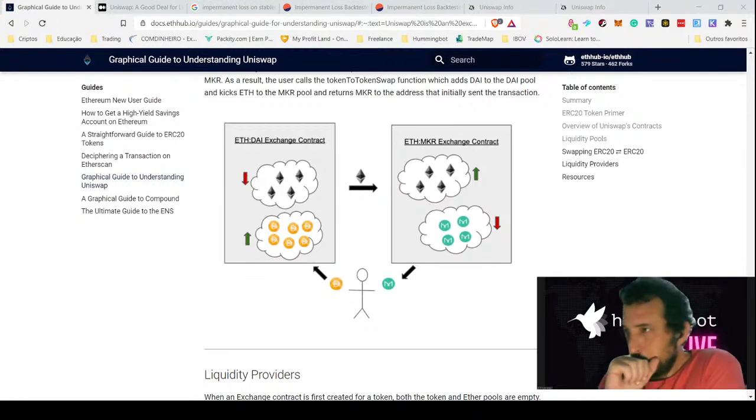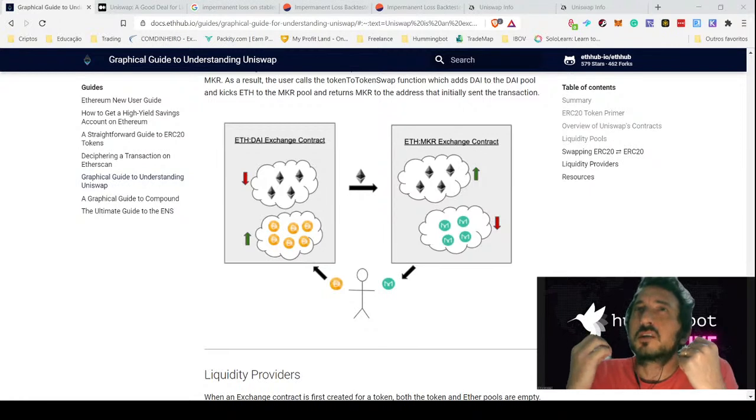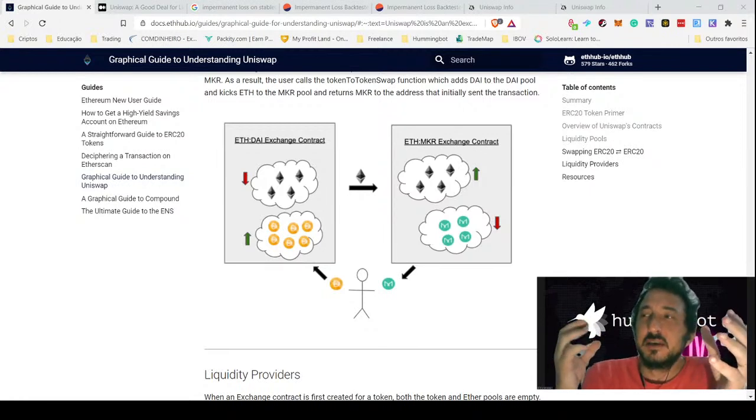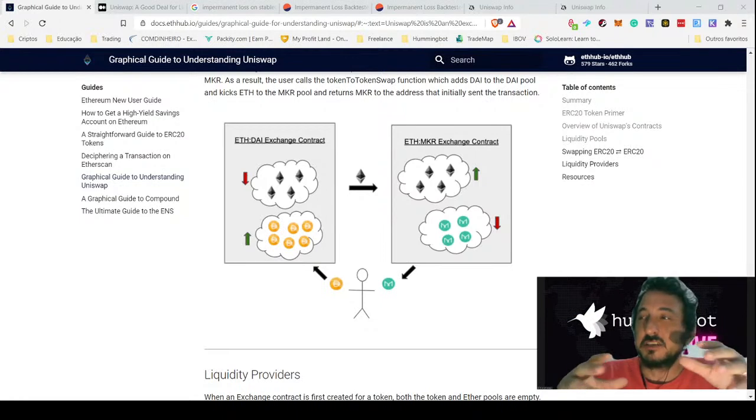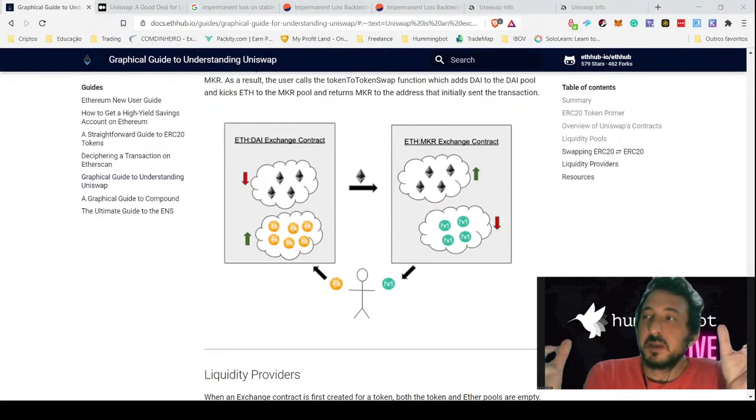Basically, when someone executes a trade inside the markets, at the end of the day, the person doing the exchange is pulling the asset from one pool and adding the asset he's selling to another pool, right?